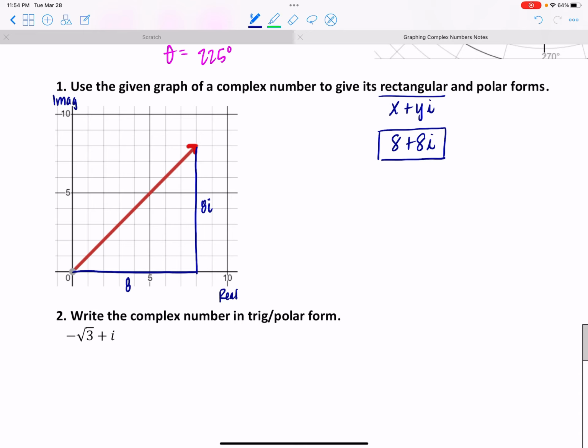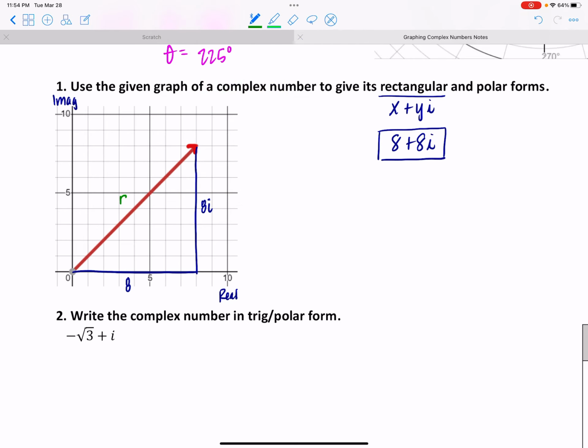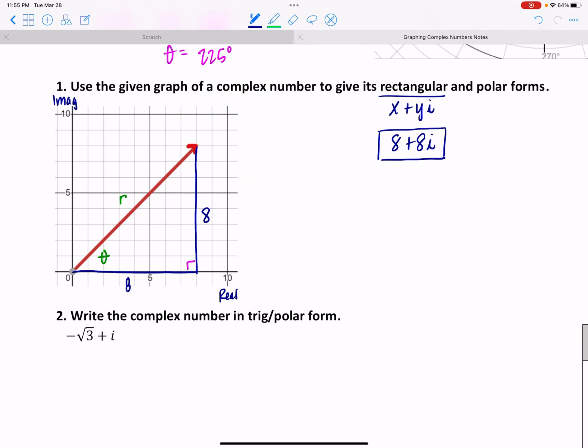Okay? The polar form is the one that requires us to know r, and it requires us to know theta. So r, we can see in this picture. That's the radius length here. And again, it requires us to know theta, which actually isn't too terrible. If we know this is a right triangle, now I put i in here just because it's on the imaginary axis, but technically this side length is 8 here.